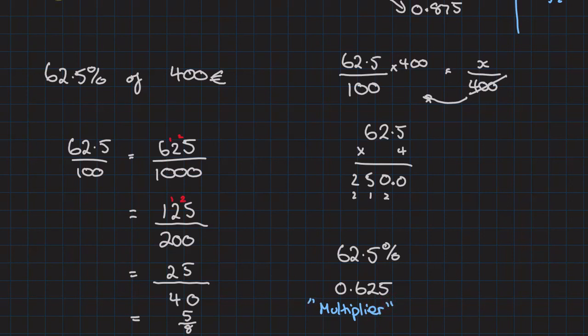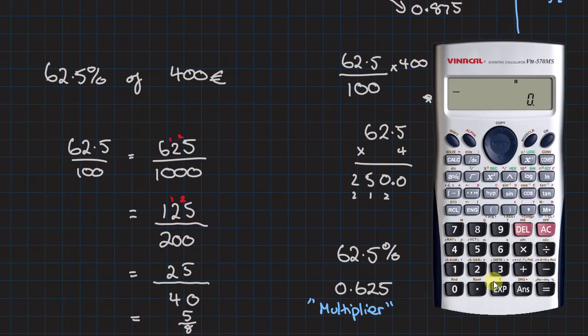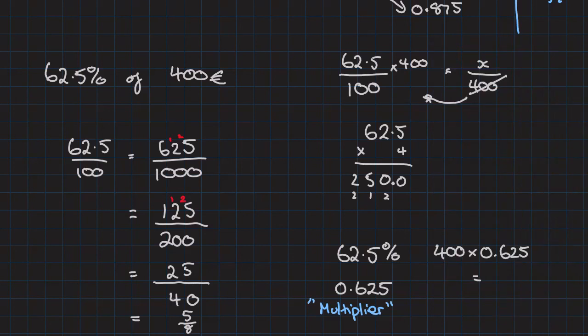And that means if I take my quantity and multiply by 0.625, do that on a calculator, it should give me the same value. 400 multiplied by 0.625 gives me my 250.